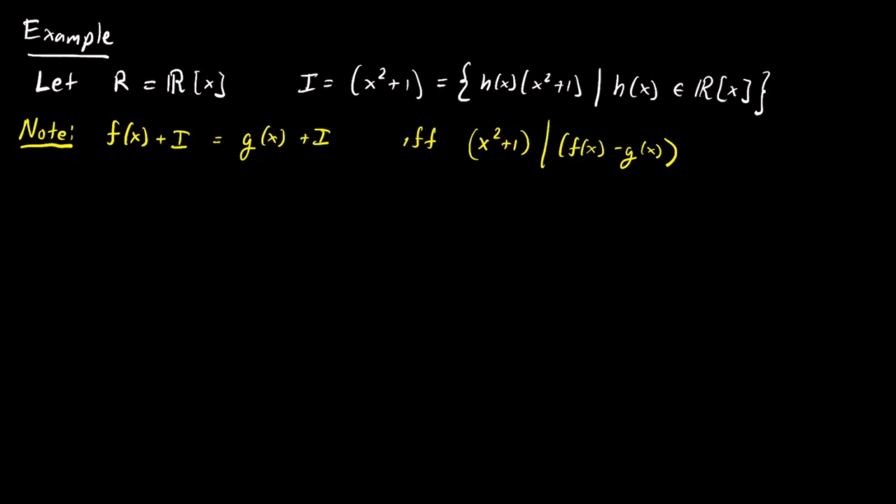Well, the first thing that I'm going to notice is that x squared plus I is equal to negative 1 plus I, right? So in some sense, I'm saying that x squared and negative 1 are equivalent. So this is going to say that anytime I see an x squared, I can just replace it with a negative 1. Okay, so why is this true?